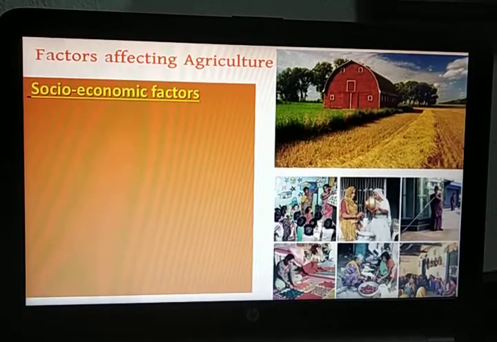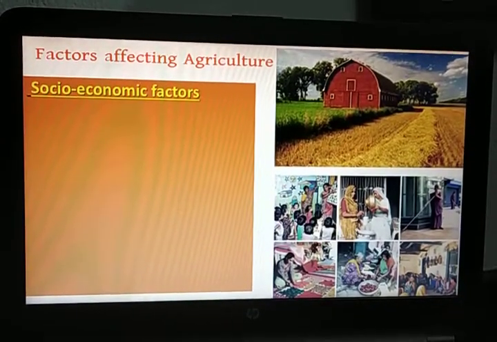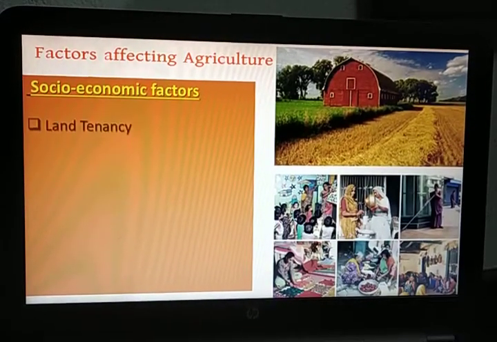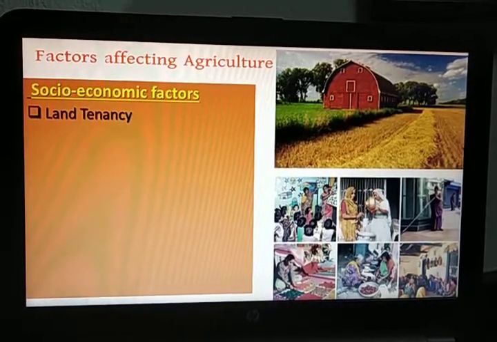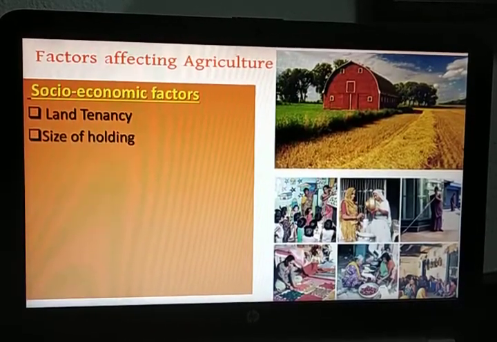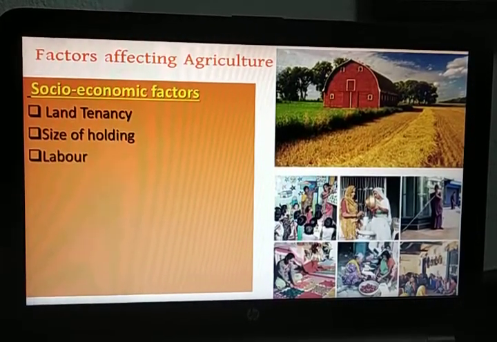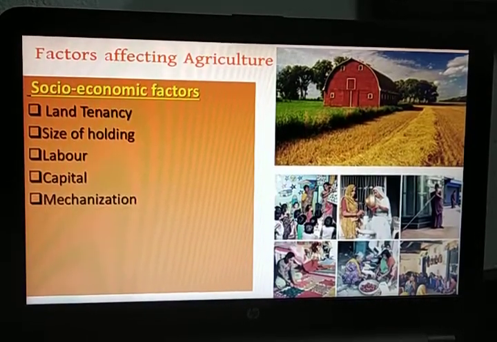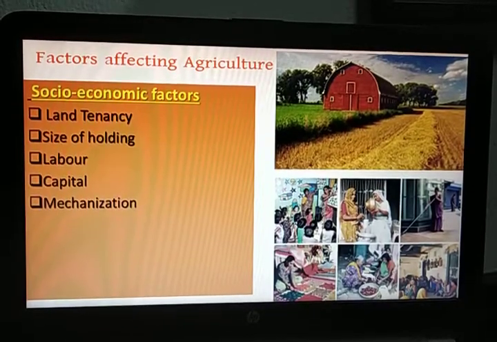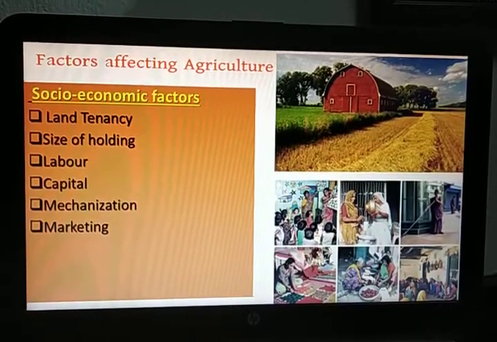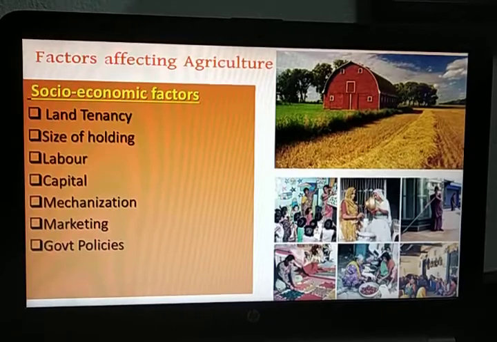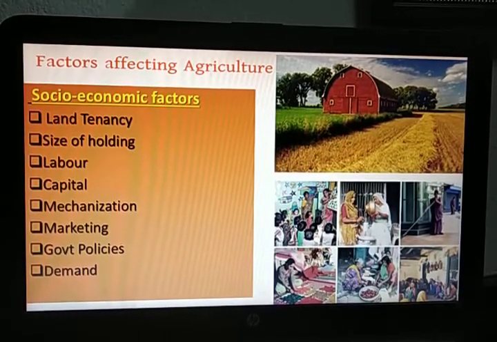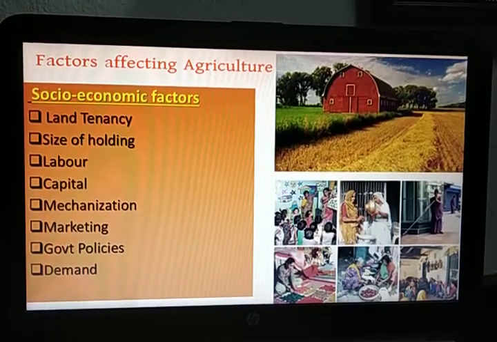Before we discuss the physical factors, let us see what the socio-economic factors on agriculture are. Land tenancy, size of holding, labor, capital, that is the investment, mechanization, that is agricultural mechanization, marketing, government policies, and the demand of any crops in any region.